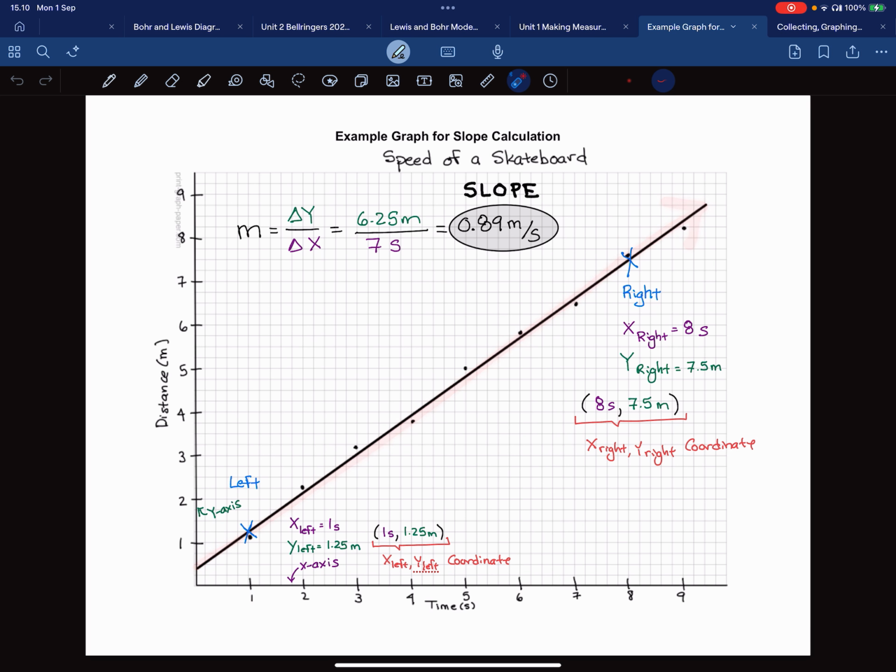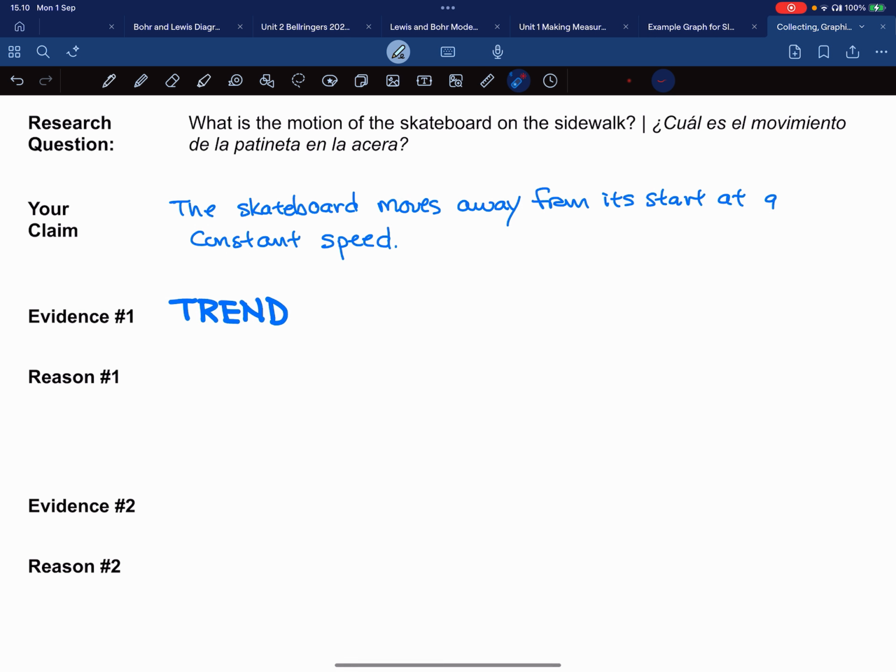The trend is increasing over time. So reason number 1 that I know this is that the trend is increasing in a line over time.